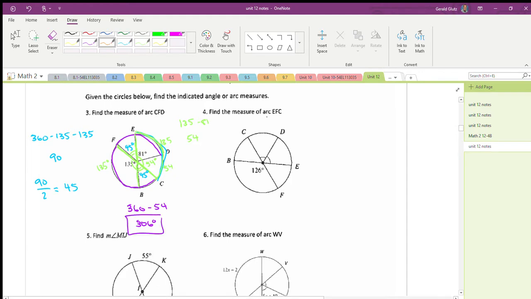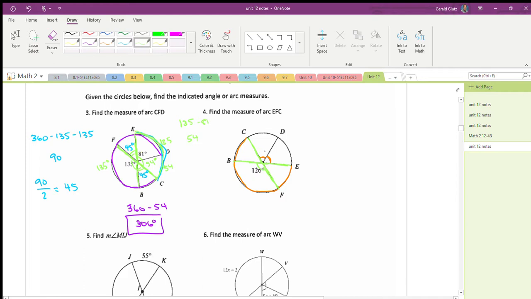Next one, we got to find EFC. So from E to F to C. This piece of information is important right here. These two angles are the same. And again, we have some vertical angles. So I got a line and a line there that go all the way through and they intersect.